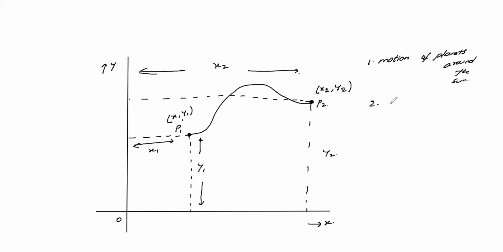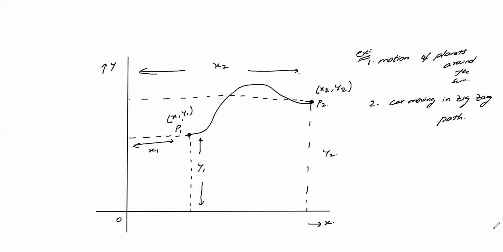Second example, a car moving along a zigzag path. Whatever the points we take between P1 to P2, these are nothing but a car moving in a zigzag manner. So these are your examples.